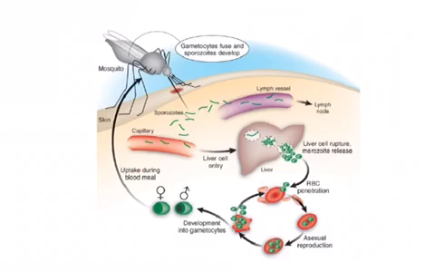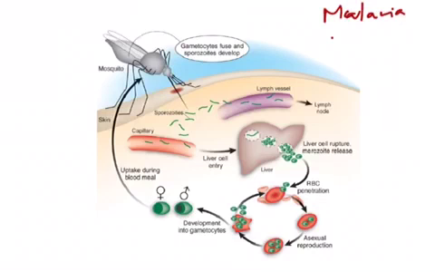Let's have a look at the life cycle of Plasmodium, which causes malaria. Now, malaria is responsible for millions of deaths around the world every year. Rather horrible deaths that result after an extreme cycle of fevers, and a somewhat complex life cycle is involved in the Plasmodium transmission from host to host, and of course involves a very famous vector, which is the female of the Anopheles species of mosquito.